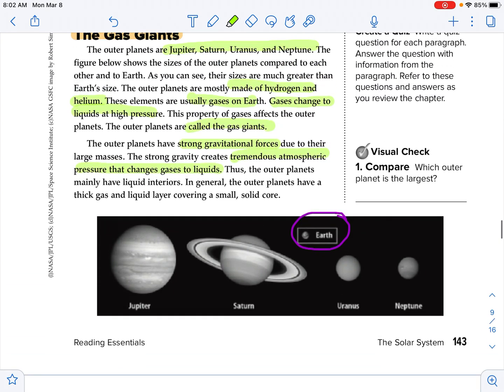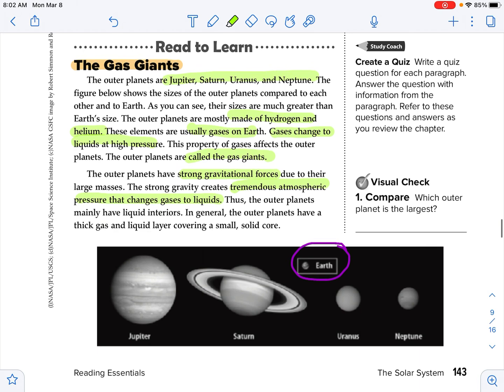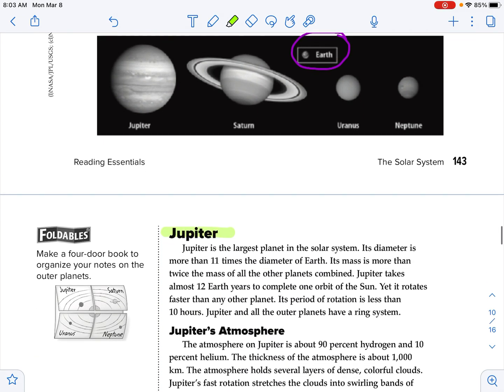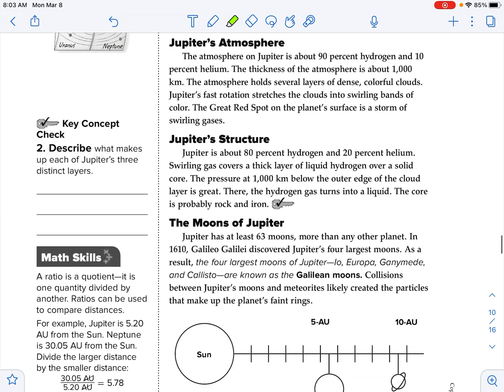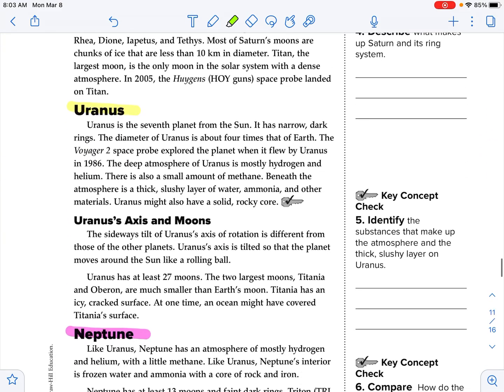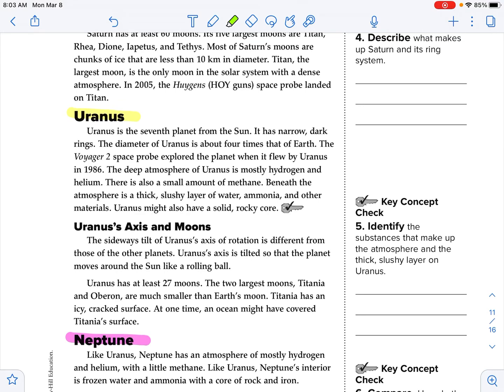All right. So, I forgot to have you guys do this, but let's go ahead and mark our colors for our sections in our reading essentials so that they can correspond to our outline notes, okay? All right, so gas giants, orange. Jupiter, green. Saturn, blue. Uranus, yellow.